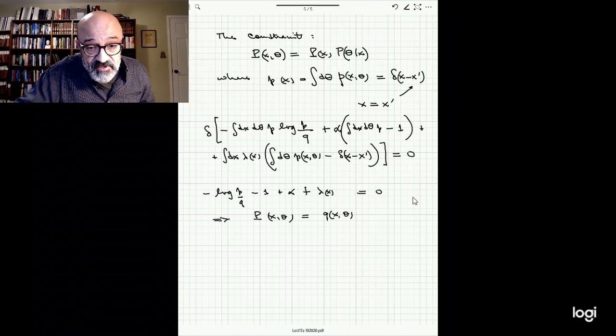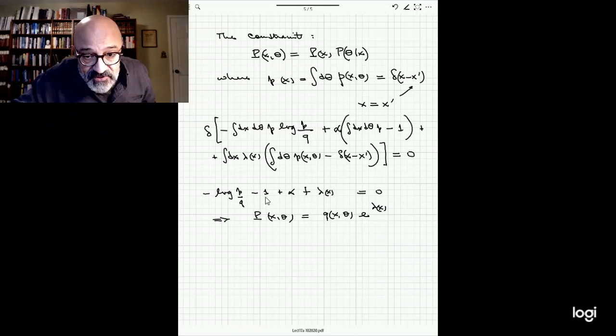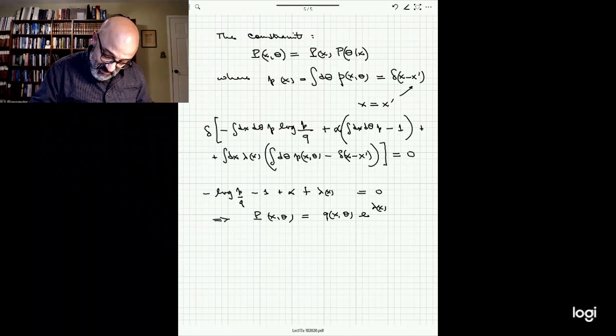Get this onto the other side, get the p, and then you have the Lagrange multiplier e to the lambda x, and the e to the 1 minus alpha, and all of that is just going to be some kind of normalization.